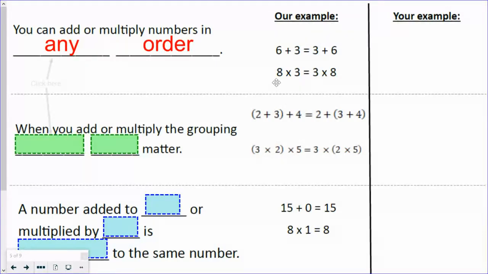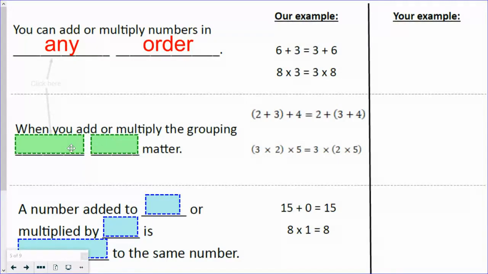Same thing with 8 times 3 and 3 times 8. They both equal 24. It doesn't matter the order. Now, this is one of those things you can only do with addition or multiplication. Okay, I challenge you to come up with your own example of an addition commutative property and a multiplication commutative property.